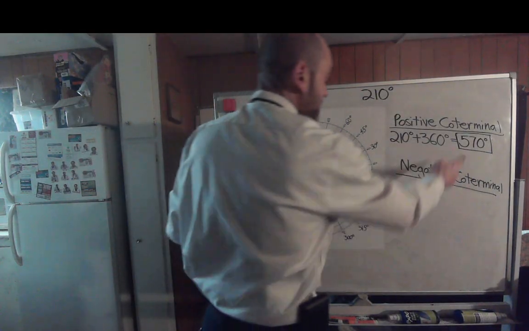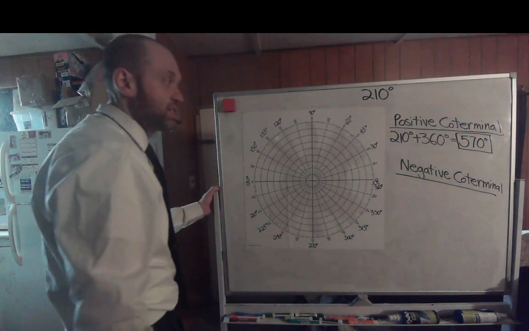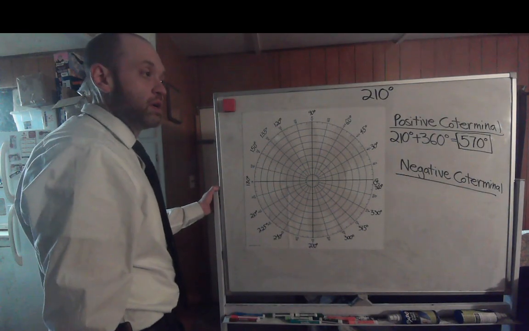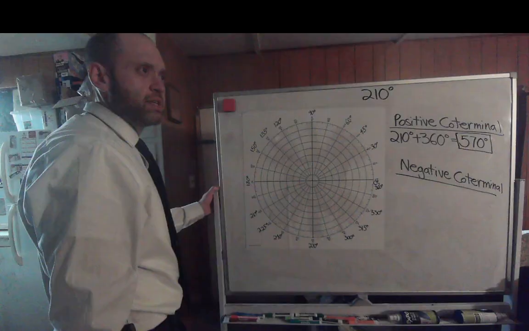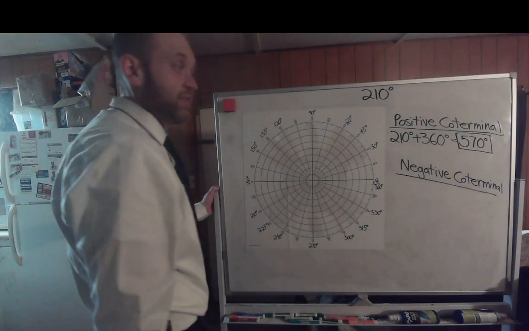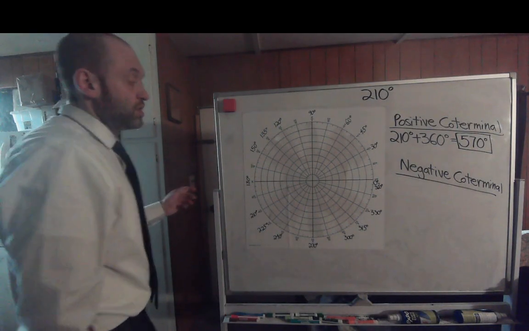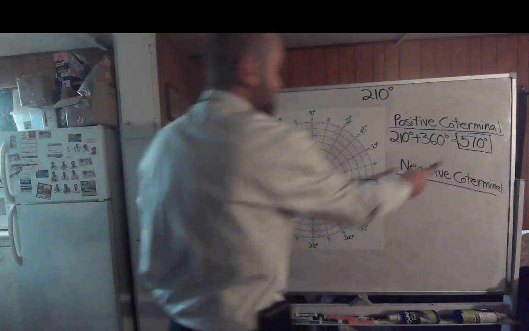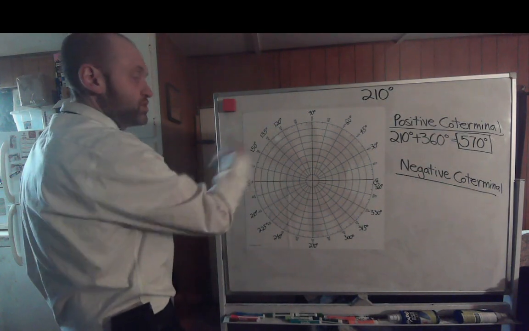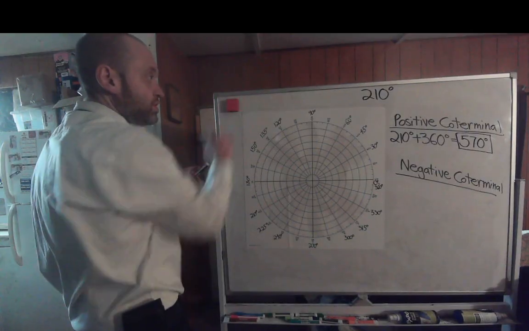If you wanted to, you could add yet another 360 and get an even bigger number, which would put you at 830 degrees, but you don't have to. So 570 degrees is a positive coterminal angle of 210. It's just another trip around the circle.